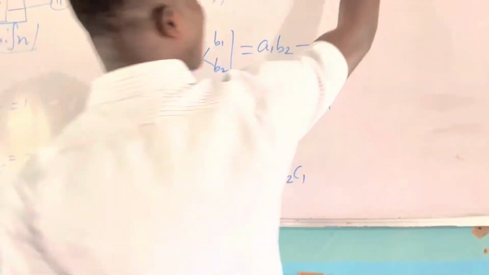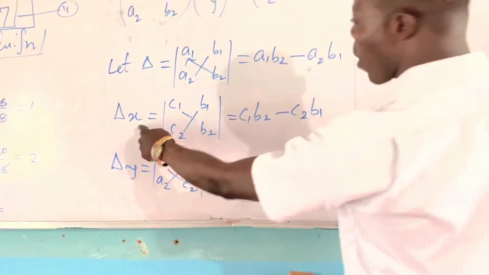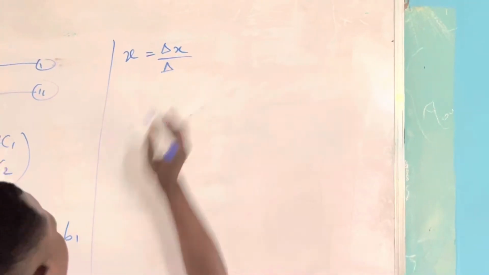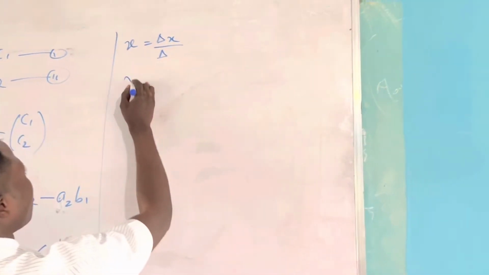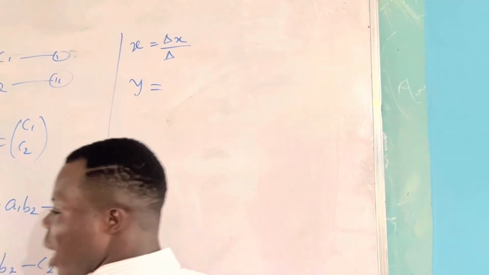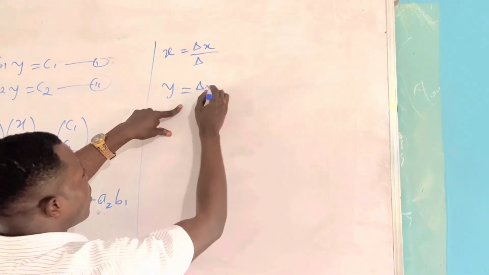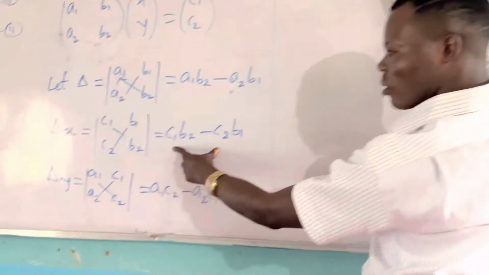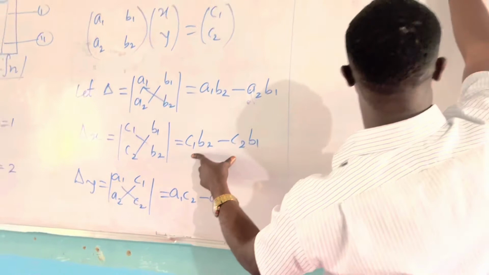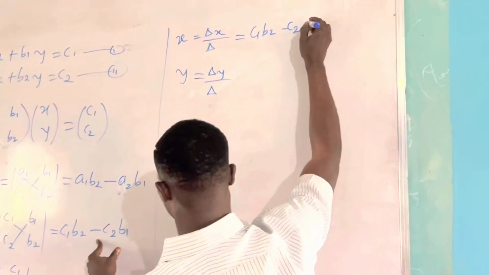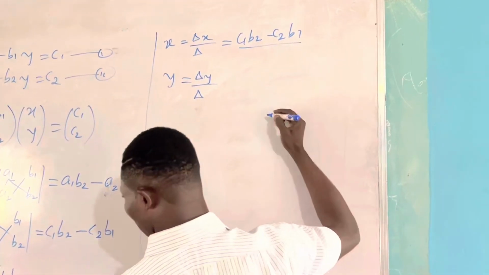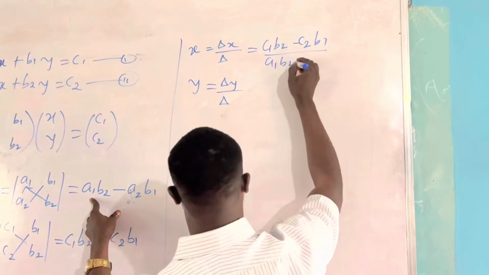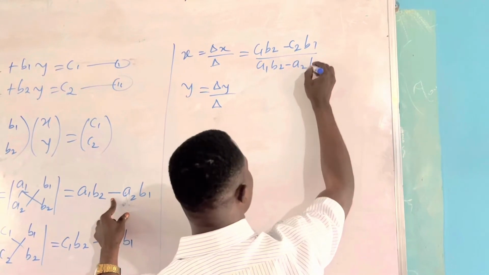To get the value of x and y now, x will be equal to determinant of x over general determinant, and y is determinant of y over general determinant. The determinant of x is C1, B2 minus C2, B1, all over the general determinant, which is A1, B2 minus A2, B1.